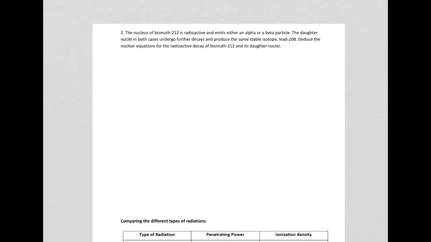Let's try this one. It says that bismuth emits either an alpha or beta particle, and the daughter nuclei in both cases undergo further decays to produce the same isotope, lead-208. So let's write this down.